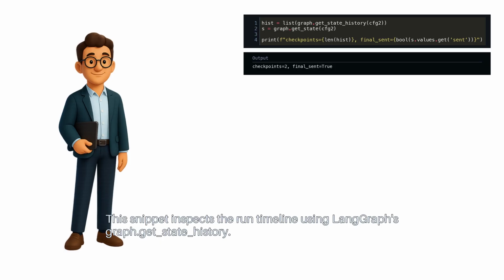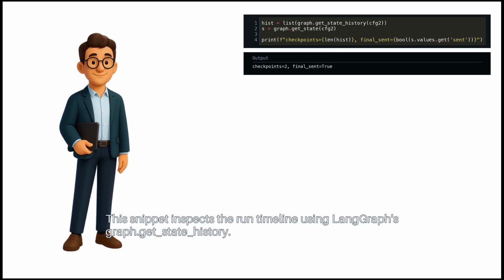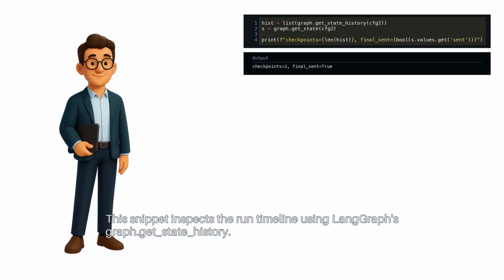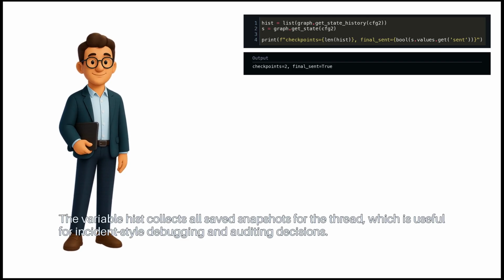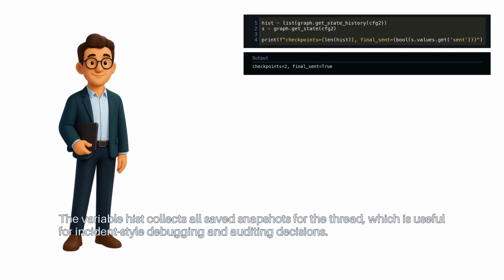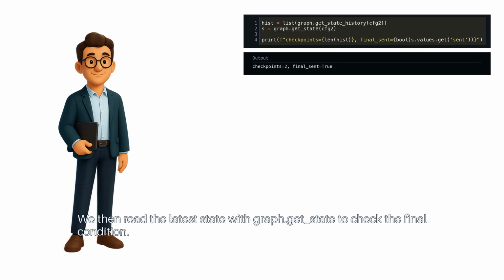This snippet inspects the run timeline using LangGraph's graph.get_state_history. The variable hist collects all saved snapshots for the thread, which is useful for incident-style debugging and auditing decisions. We then read the latest state with graph.get_state to check the final condition.